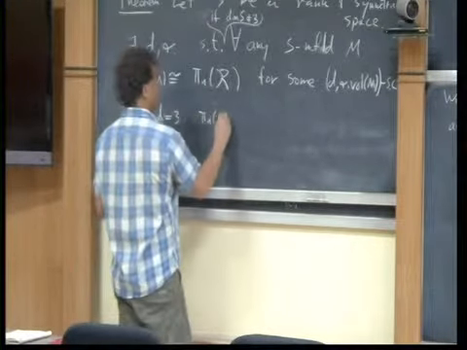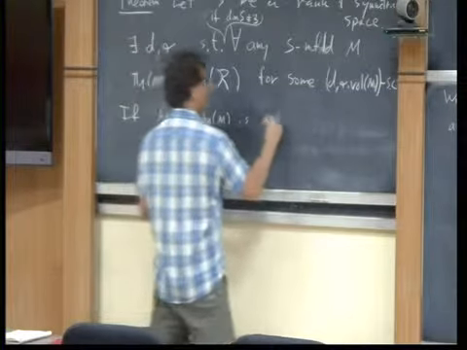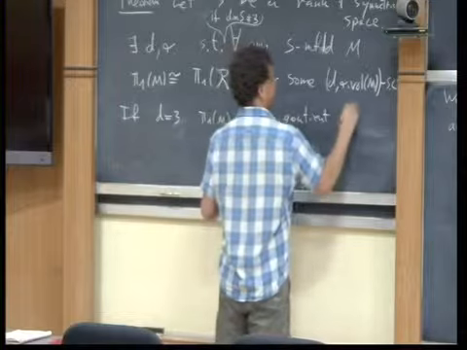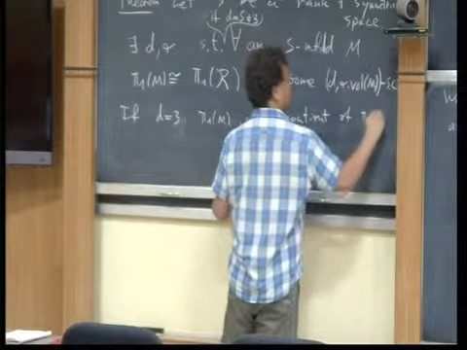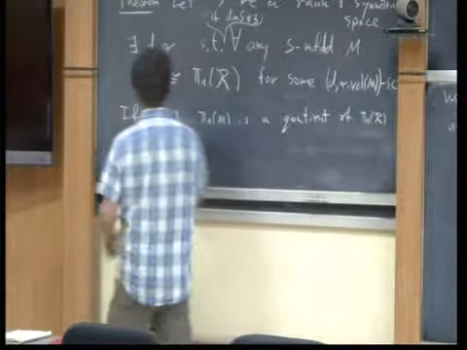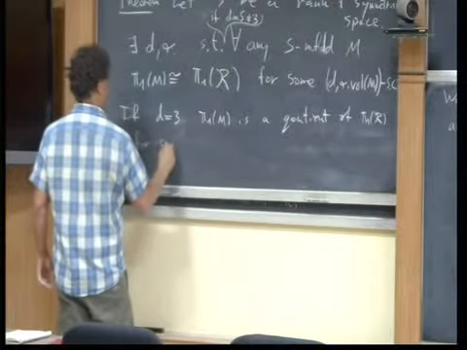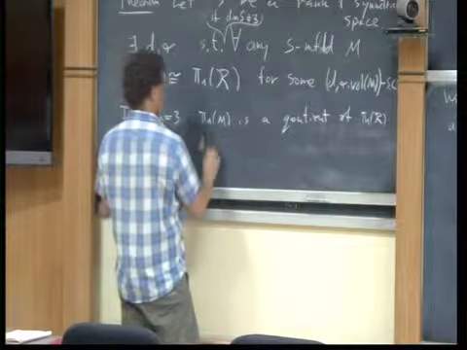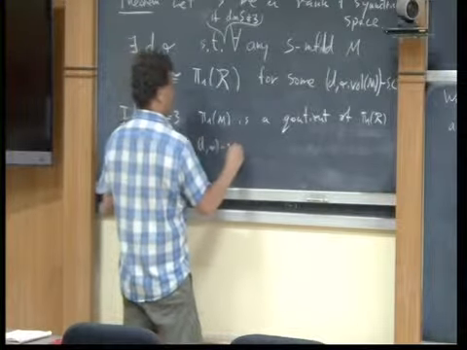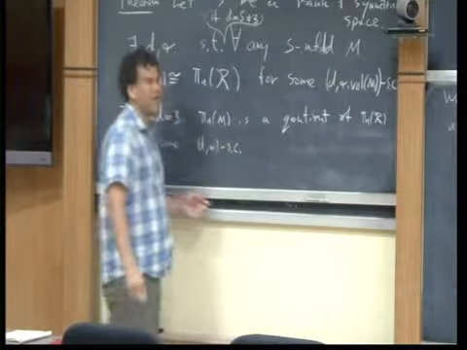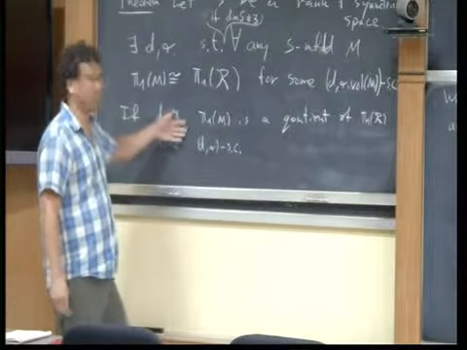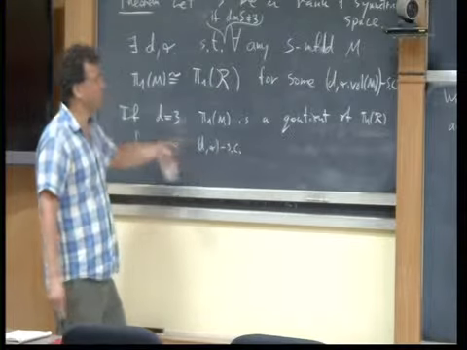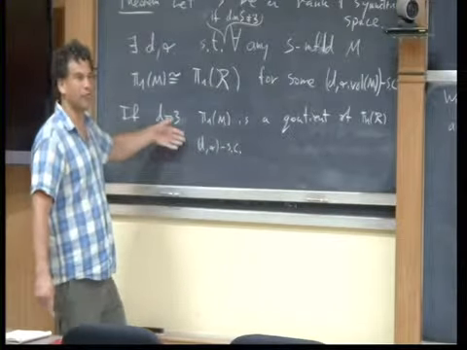Pi 1 of M is a quotient of pi 1 of R for some D alpha simplicial complex. Okay, that's not so big a deal, to be a quotient just tells you something about the number of generators, but we know more about this quotient.